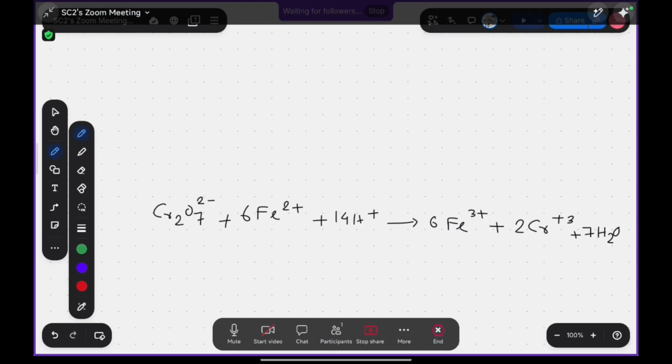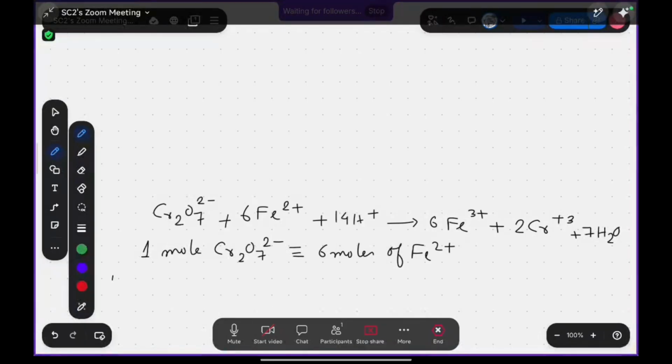So what do you get? From this we get that 1 mole of dichromate, Cr2O7 2 minus, is equivalent to 6 moles of Fe2 plus, just from the balanced equation.